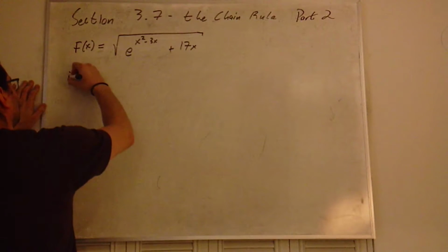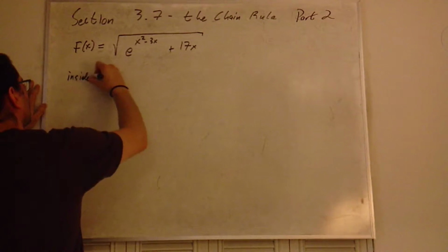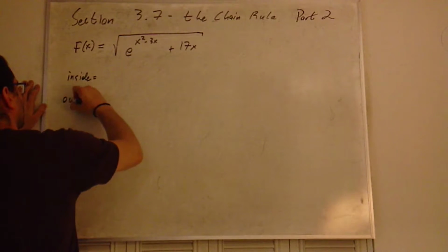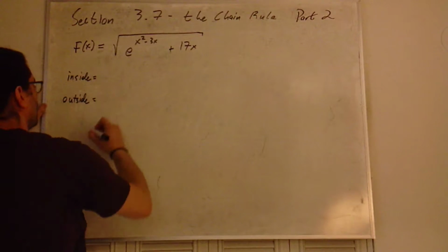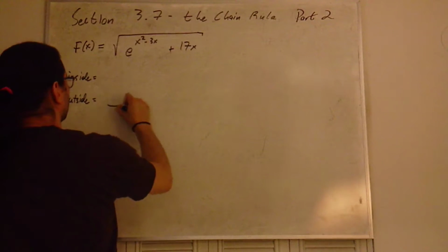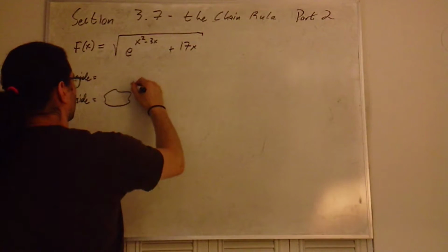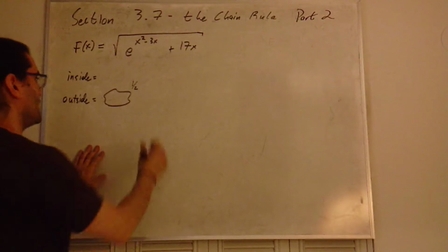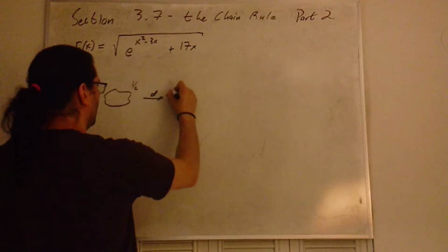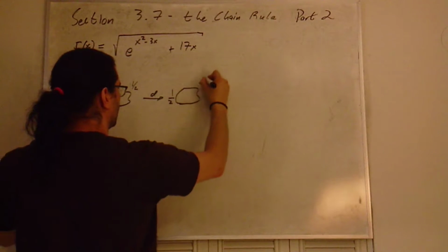To take a derivative, first we need to identify the inside and the outside. The outside here is square root, which I'm going to call blob to the 1/2. And the derivative of that is 1/2 blob to the negative 1/2.